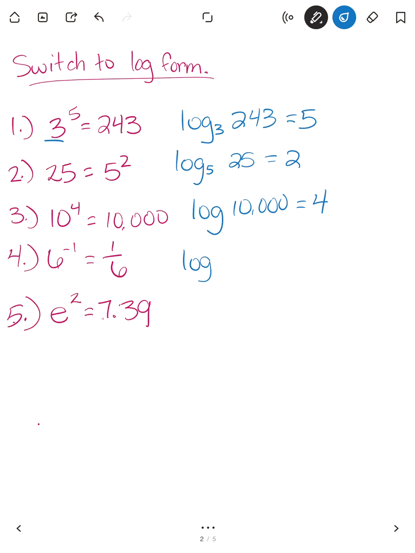So log base 6 of 1/6 equals -1. And then the last one, e squared equals 7.39. Because it's e, we have to use the natural log of 7.39, and it equals 2. Done. That's it. Switching to log form.